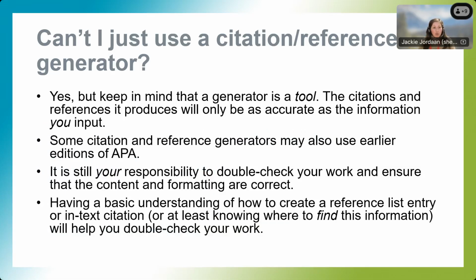However, as a tool, it is just that. It is not always going to be entirely accurate. So sometimes a citation and reference generator will maybe get your reference entry 80% correct, but it'll have something that's off. So it's always good to double check your references generated by any kind of citation reference generating tool.